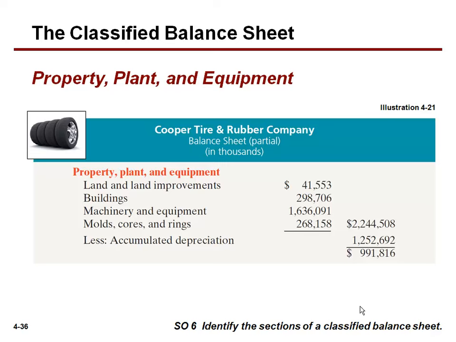Again, property, plant, and equipment is simply a group of assets used in the business to conduct operations to earn a profit.